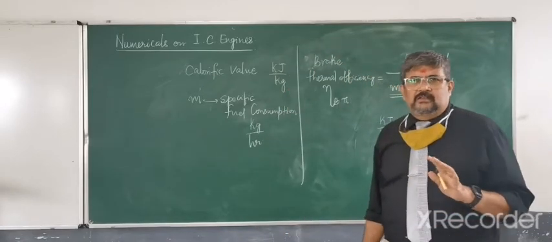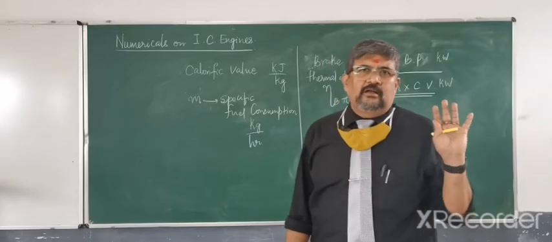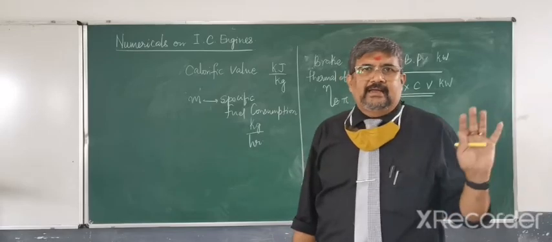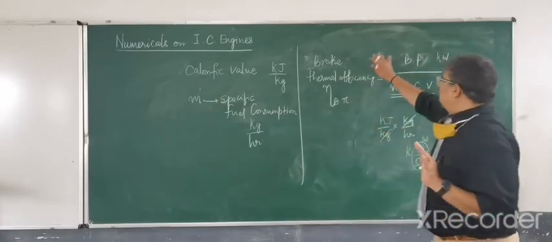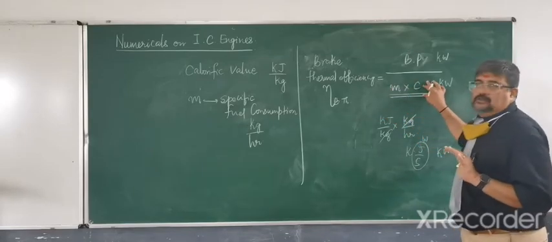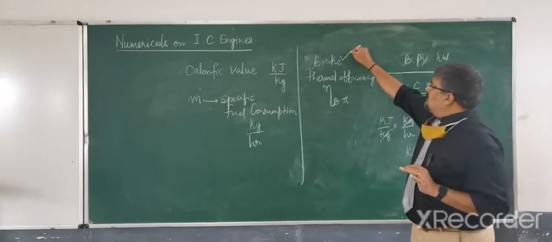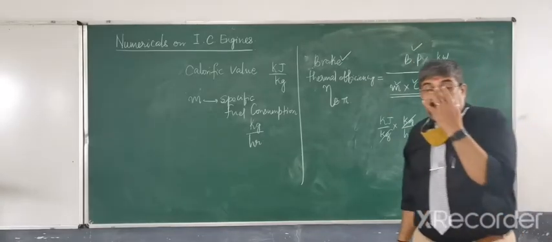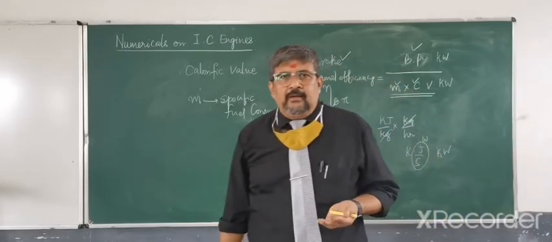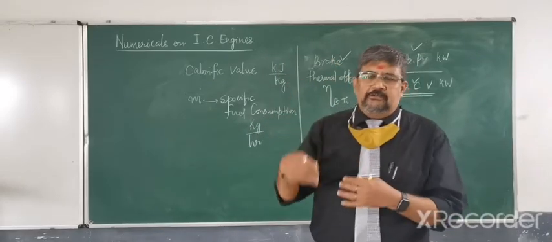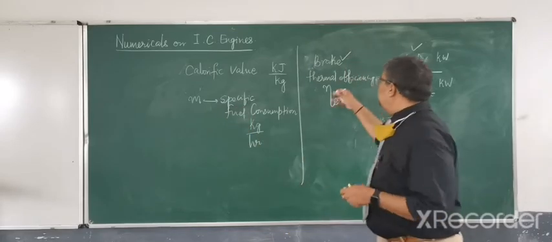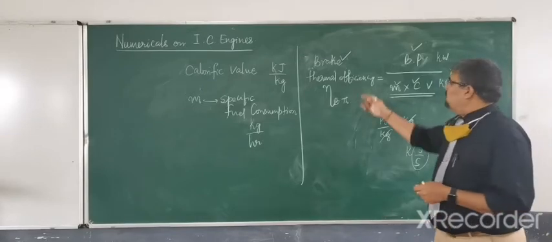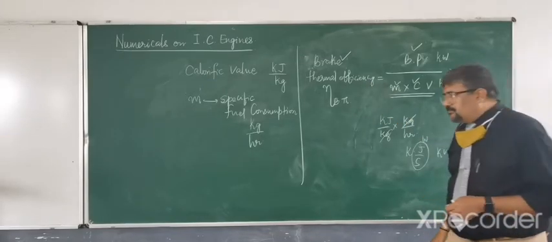There may be some parameters given where you may not be able to find the brake power, or the indicated power directly. But what is given will be the thermal efficiency, and these values. If these two are given, you can easily find the brake power, and once you know the brake power, you can find the mechanical efficiency, which is nothing but brake power divided by indicated power into 100. Into 100 will give you the percentage, so efficiency will always be in percentage.